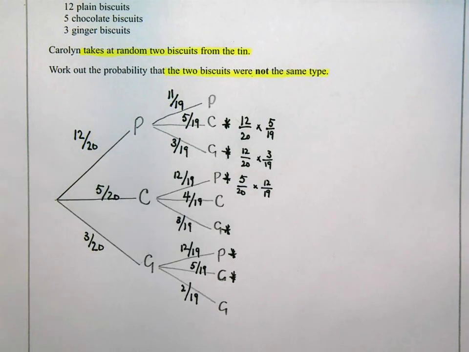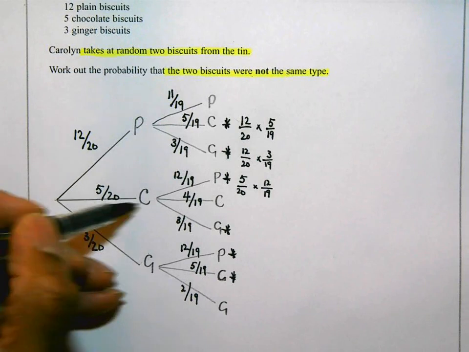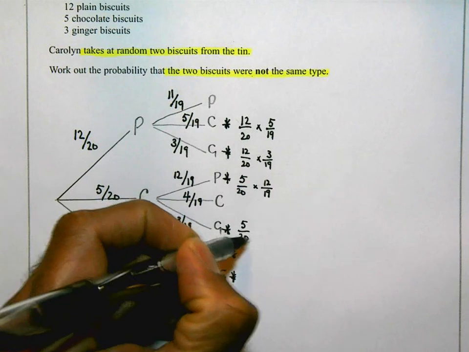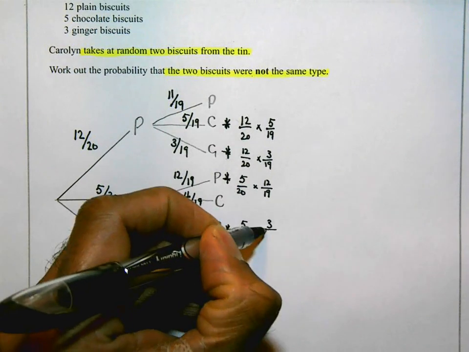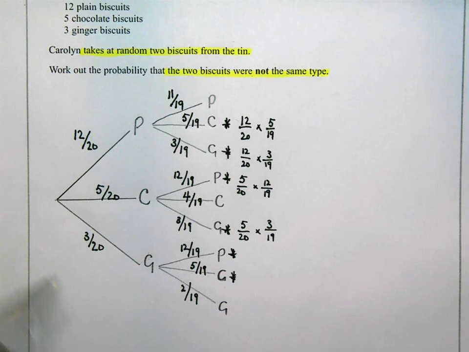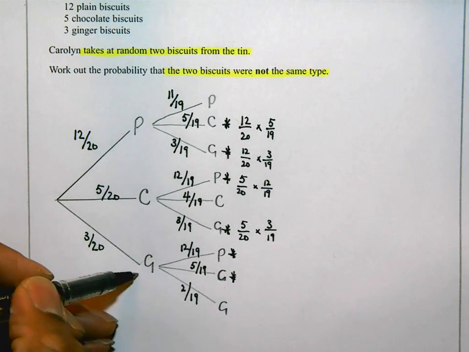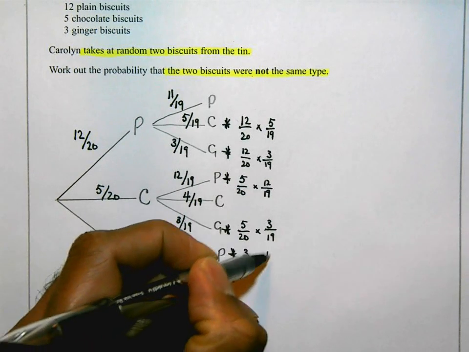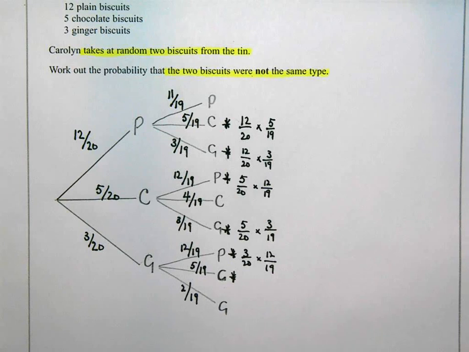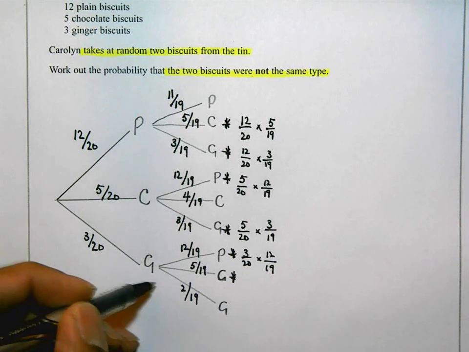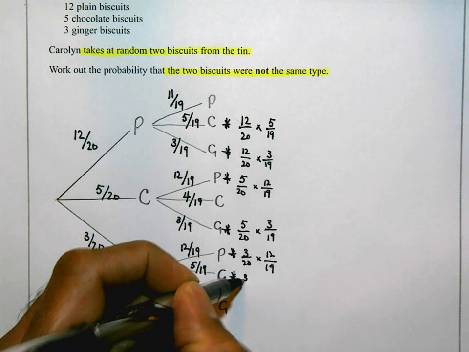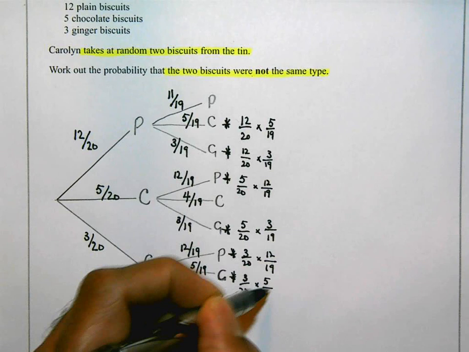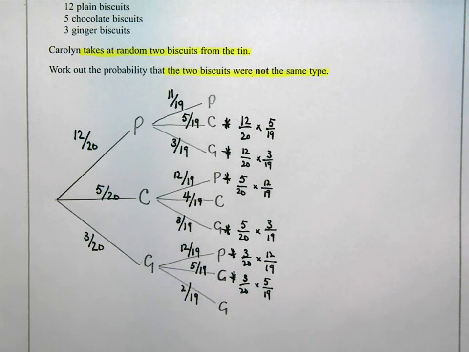And 5 over 20 times 3 over 19. And then 3 over 20 times 12 over 19, and 3 over 20 times 5 over 19.